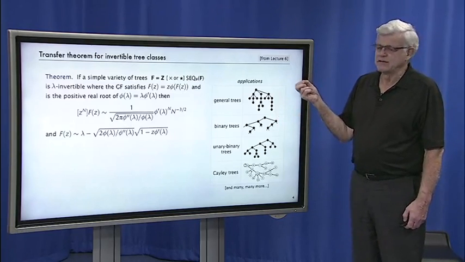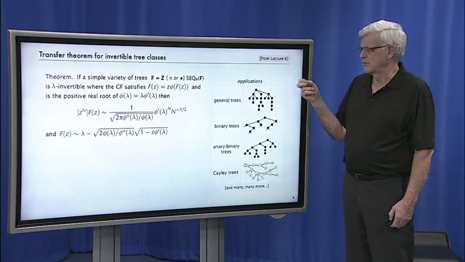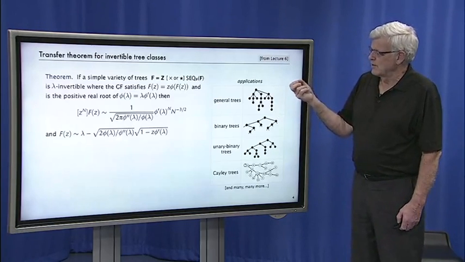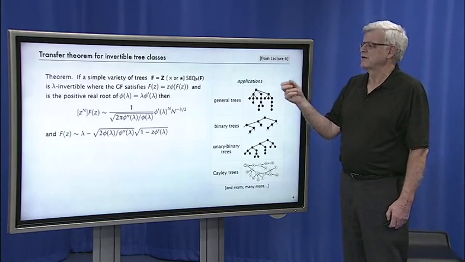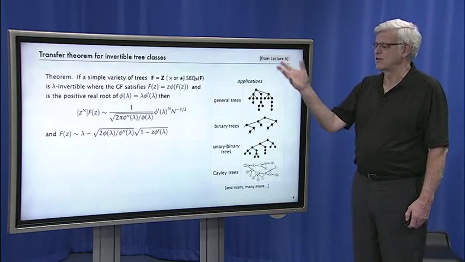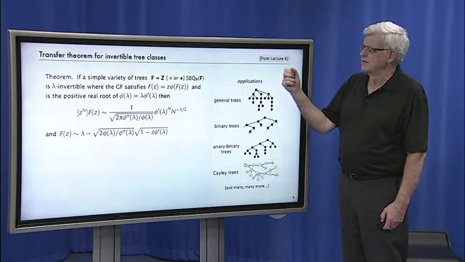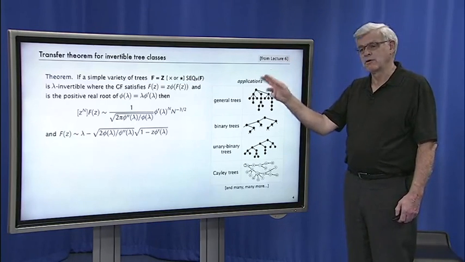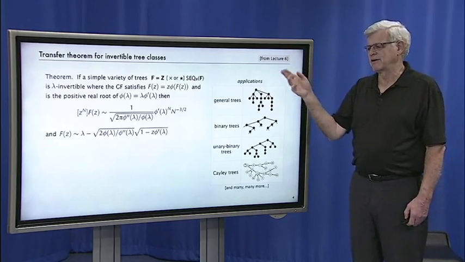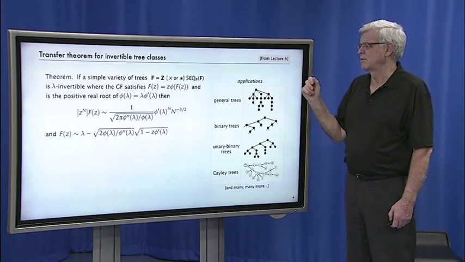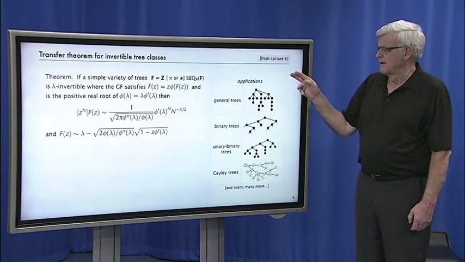The idea is we have what's called a simple variety of trees, where the combinatorial construction is Z with a product, either a Cartesian product or a star product, of a recursive sequence of the same class, where there's some modifier that says what sizes of sequences to use.